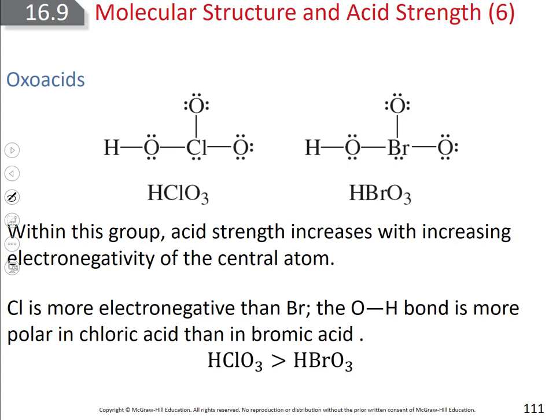Yeah, the weaker the bond with hydrogen. What's the last step? Stronger acid. Yes, good. The weaker the bond on the hydrogen, the stronger the acid, because the more easily it's going to give up that hydrogen.